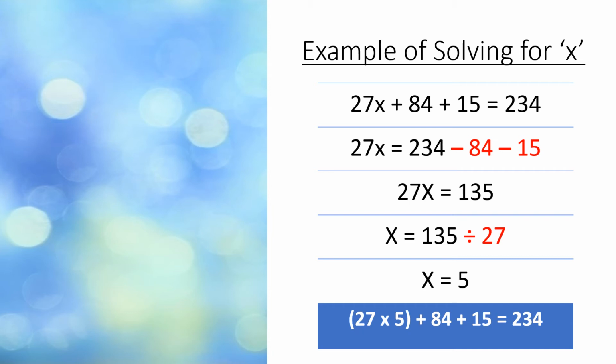So that gives us x equals 135 divided by 27. 135 divided by 27 gives us 5. So our answer is x equals 5. In order to check our answer, what we can do is substitute x for 5 in the equation. 27 times 5 plus 84 plus 15 gives us a result of 234. We have successfully solved for x.